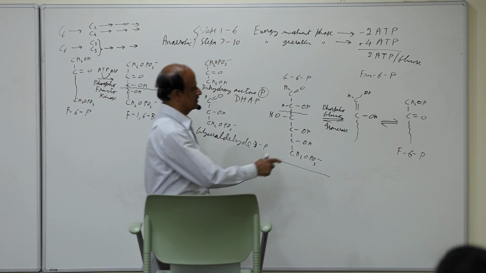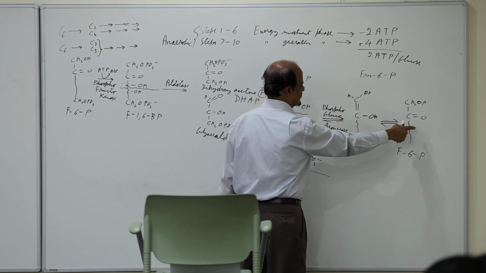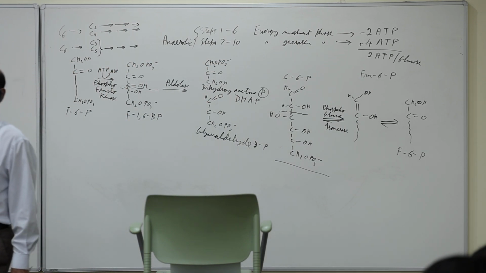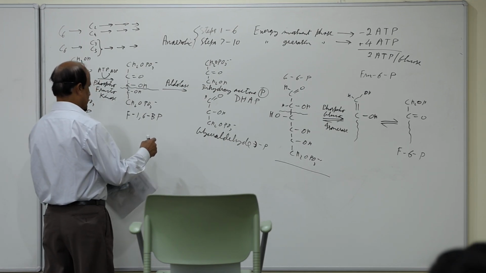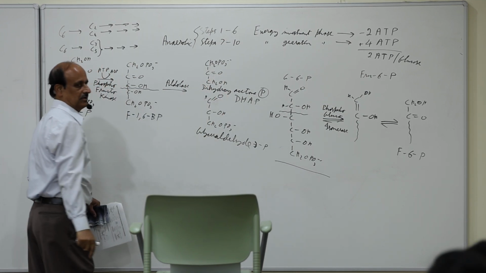You don't want the carbonyl group at carbon 1, you want it at carbon 2 so that you can cut it into two equal halves. So the reason for the second step is to make a molecule that can be cut into two halves that are both 3-carbon compounds. And as I said, the two things are not the same, they are different.